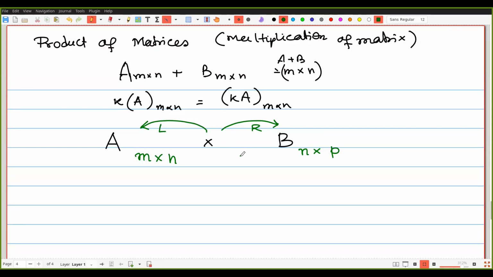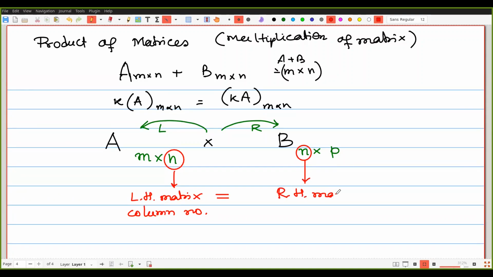For matrix multiplication to be possible, the left hand matrix column number has to be equal to the right hand matrix row number.